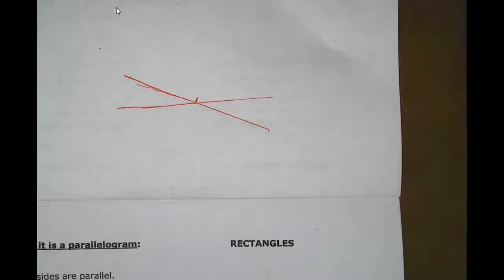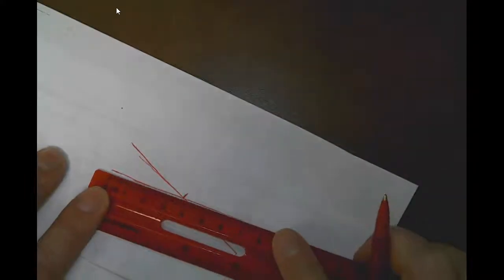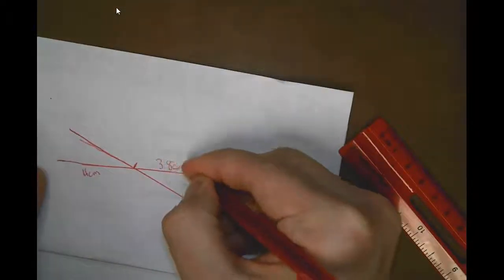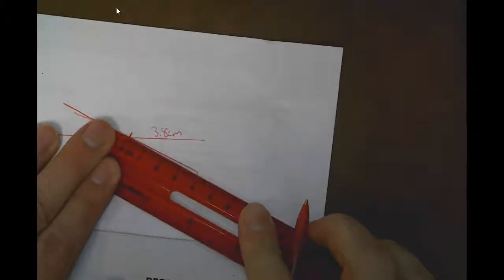All right. So what we're going to do now is check to see if these are the same length. This is about 4 centimeters. This one is about 3.8 centimeters. This one is going to be about 4 centimeters.